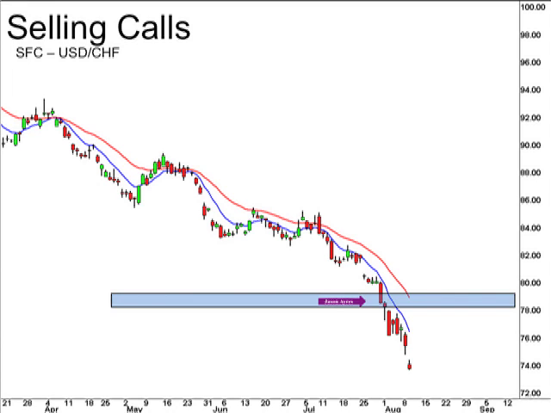We may get a little bit of a snapback, but with the trend being down, I want to sell some call options up at a higher strike price and capture some premium in the event that the SFC either continues down or just decides to consolidate within the zone over the next little while. And of course, if that's all it does, as long as it's below 78 on the expiration date at settlement, then those calls expire worthless.